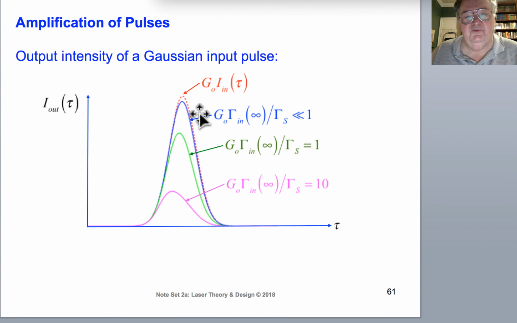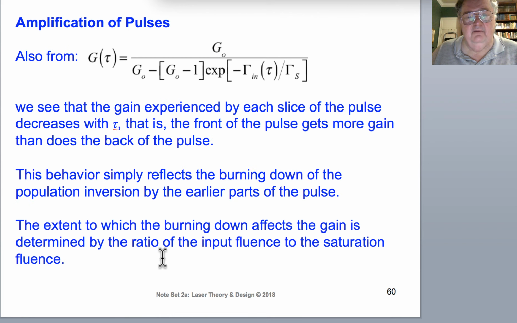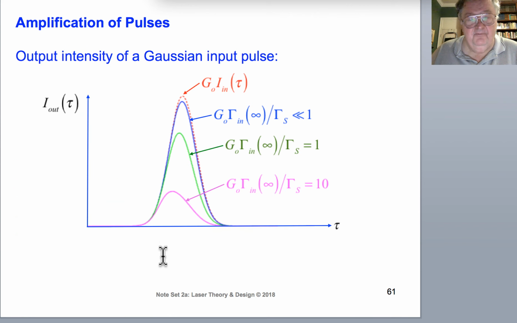initial input pulse. For a very small signal, I get very small distortion. My output looks roughly like my input. But as the input fluence gets larger and larger, the input fluence times the gain over the saturation fluence gets larger and larger, from 1 to 10. It did it again.